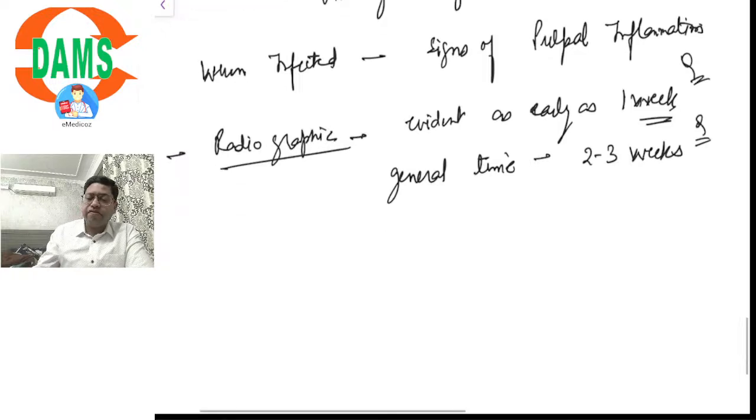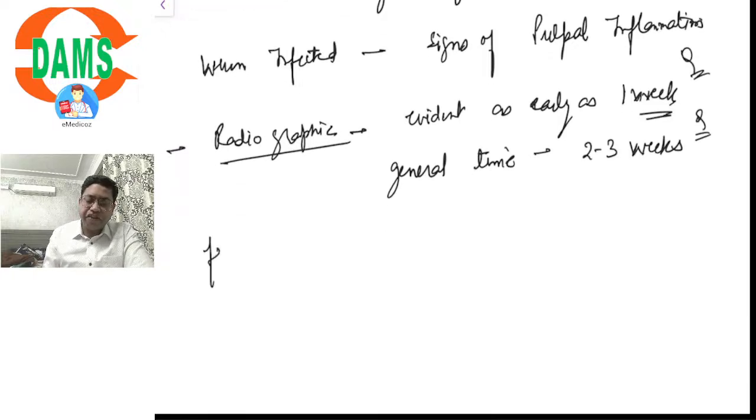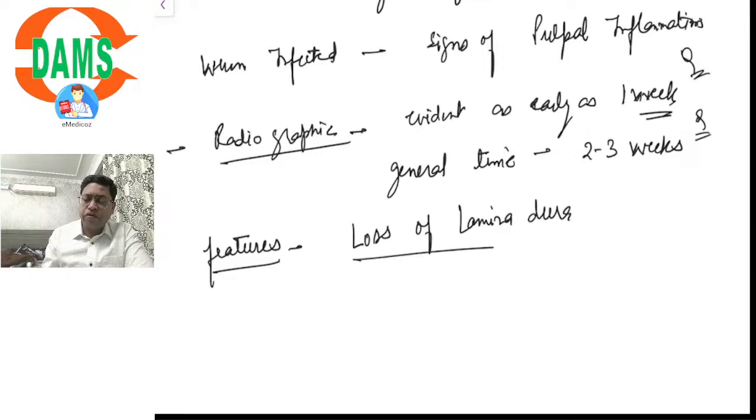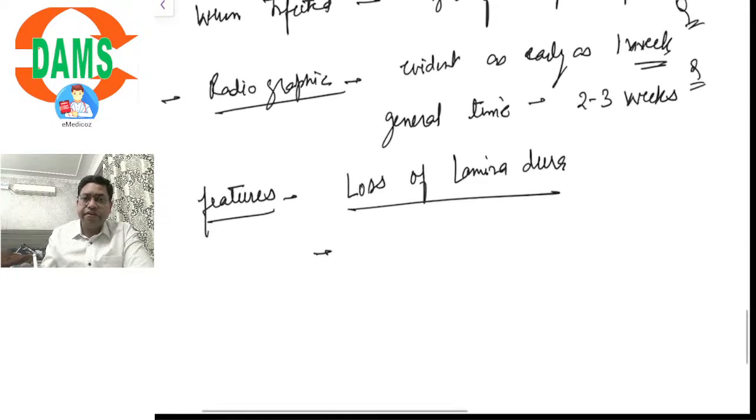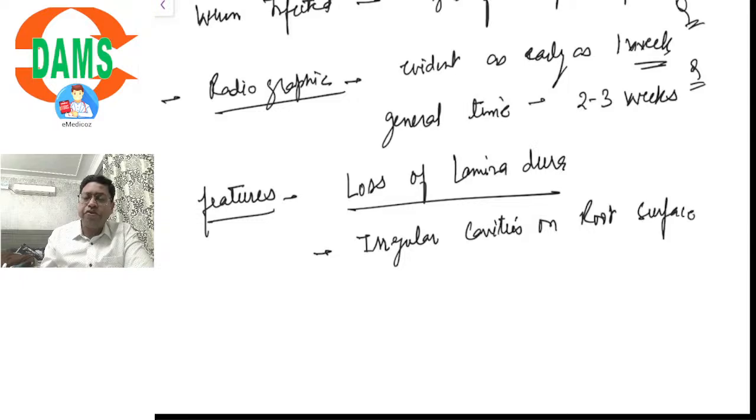Okay, what are the radiographic features of external inflammatory resorption? There is loss of lamina dura. One of the most conspicuous features is complete loss of lamina dura. Then there can be irregular cavities on the root surface that is seen radiographically.